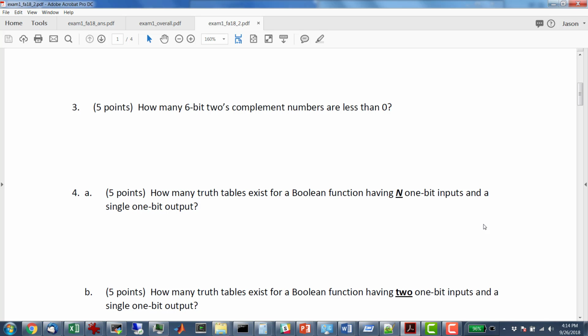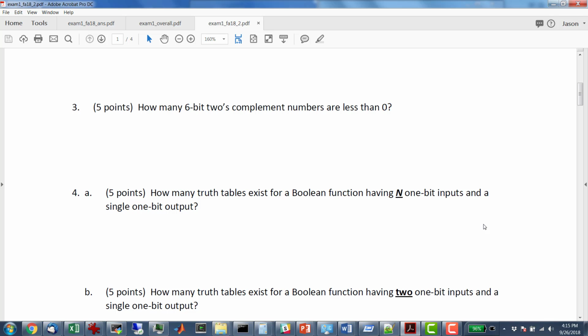So the number of possible truth tables for n inputs is 2 to the n to get the number of rows, the number of output bits. And then you have to say 2 to the 2 to the n to get all the possible output bit values, right? So this question was essentially just asking you how many values you could store in a number that has 2 to the n bits.